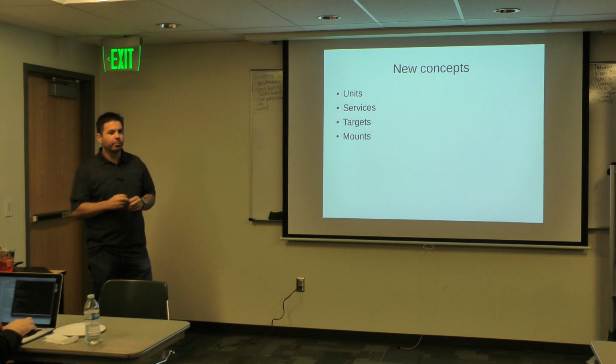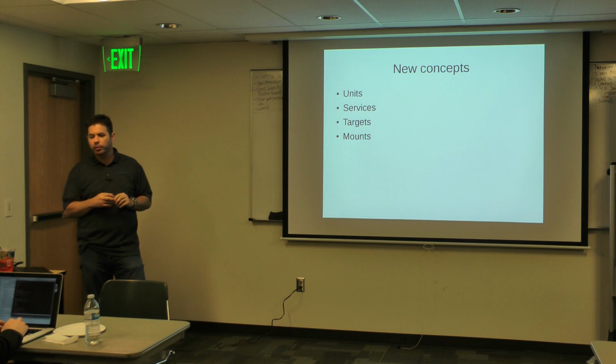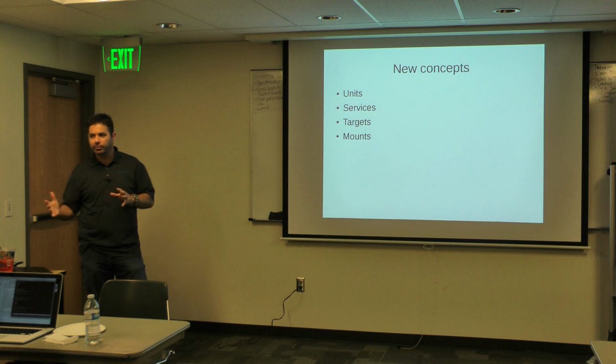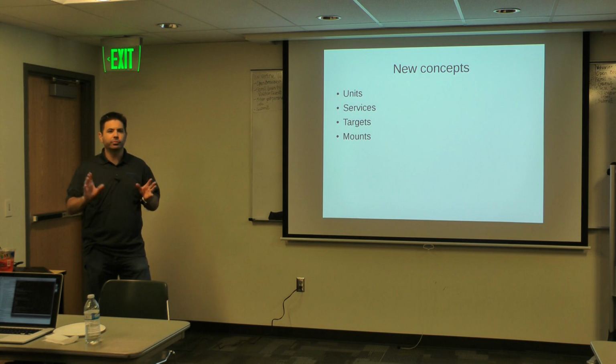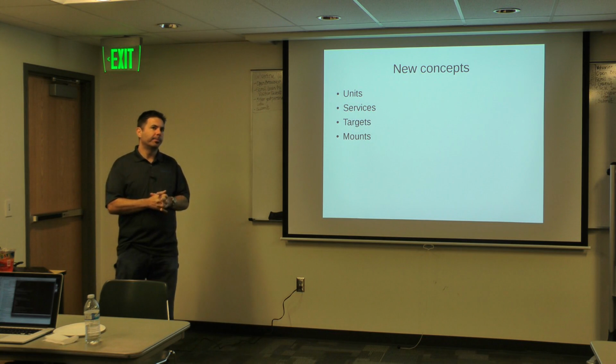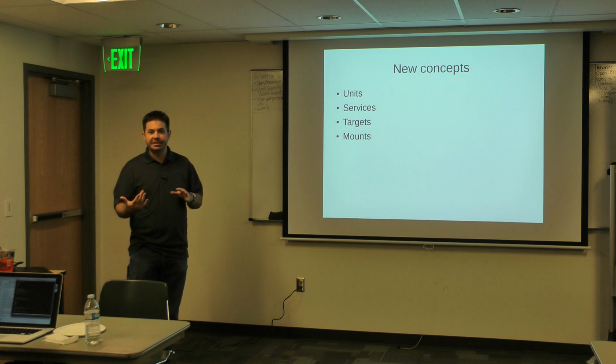There are some components that Systemd now ships with, and one of those is journald, which is its integrated logging system. And as I mentioned before, you don't have to have that enabled. You can use syslog or rsyslog or syslog-ng or whatever logging facility you want to use. Another one is logind.